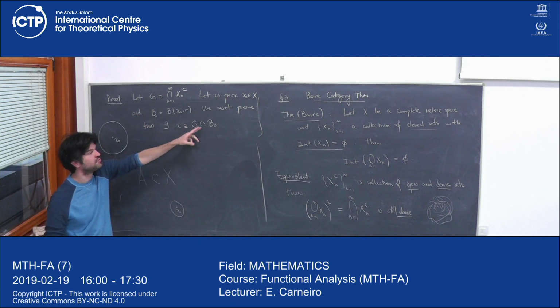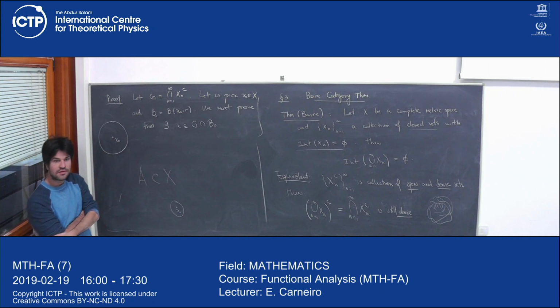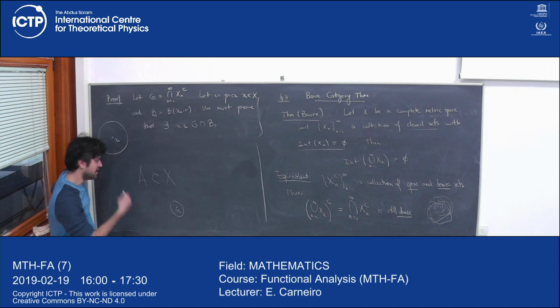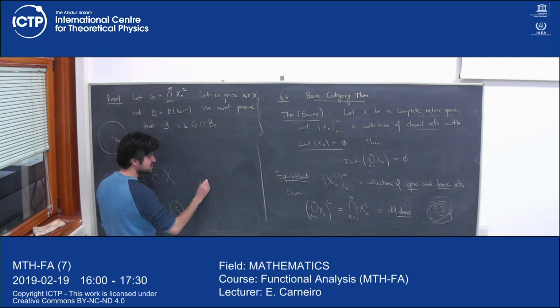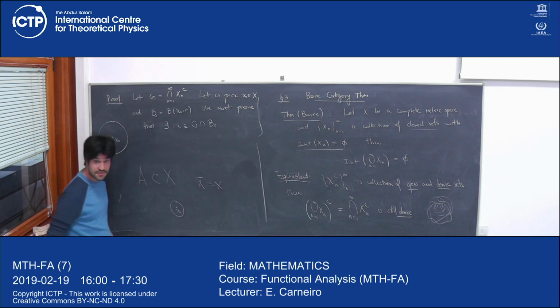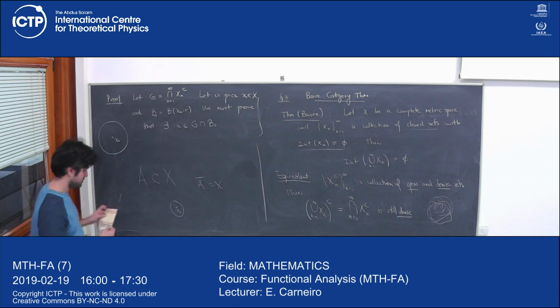You can take x0 as the point in the intersection. But of course, the interesting case is when x0 doesn't belong to G. But the point is that any open set in X must intersect the set A. This is what it means to be dense, right? It's equivalent to saying that the closure of A in X is the whole X.